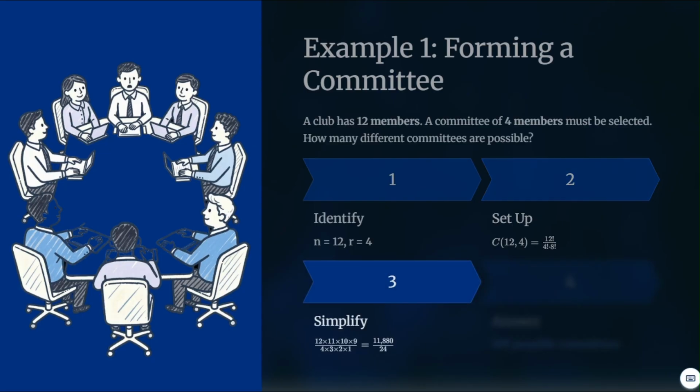So that simplifies to 12 times 11 times 10 times 9 over 4 times 3 times 2 times 1. So if you multiply the numerator, that will be 11,880, and multiplying the denominator, that will be 24. And if you divide, that will be 495 possible committees.